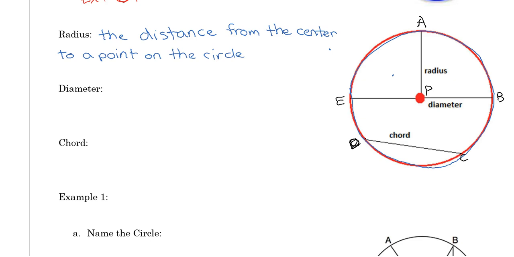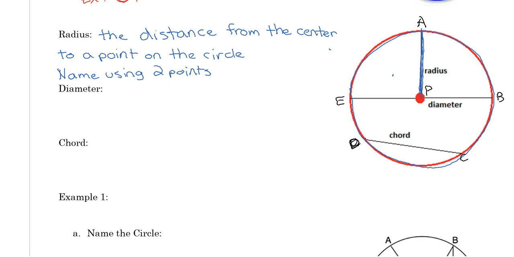So here, if I go from the center out, the one radius that we have to find here is here. And we name a radius using 2 points.